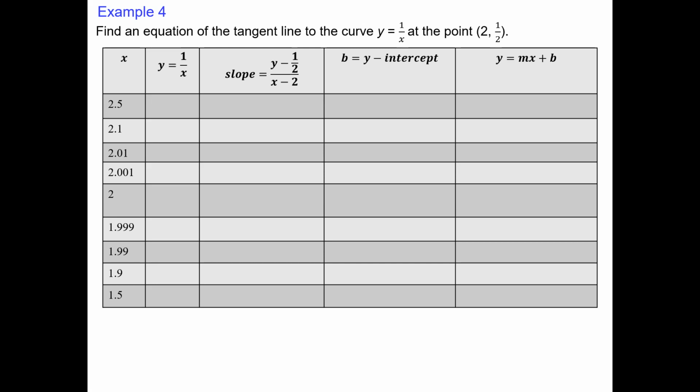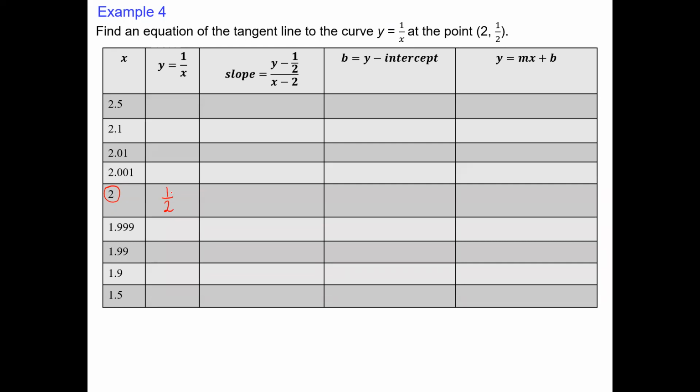Slope is usually calculated through delta y over delta x, meaning the difference in y over the difference in x. And then we will need 2 points. We can realize quite quickly that finding the slope between the point and itself is a little weird, because the x value is 2 and the corresponding y value is 1/2, the reciprocal.